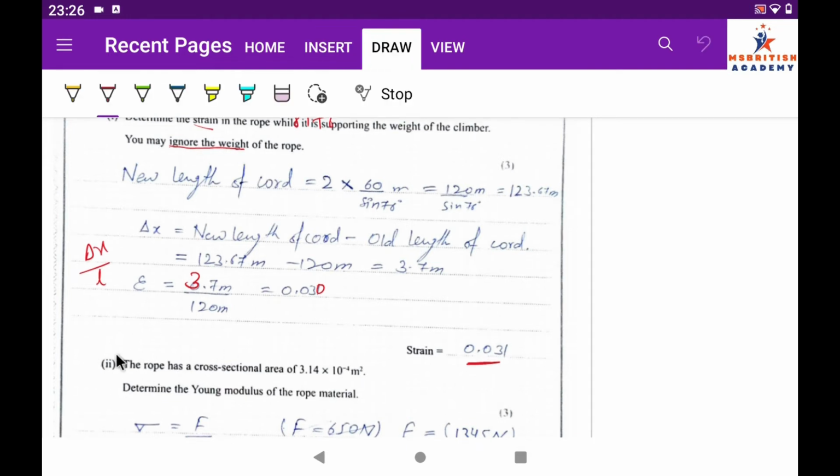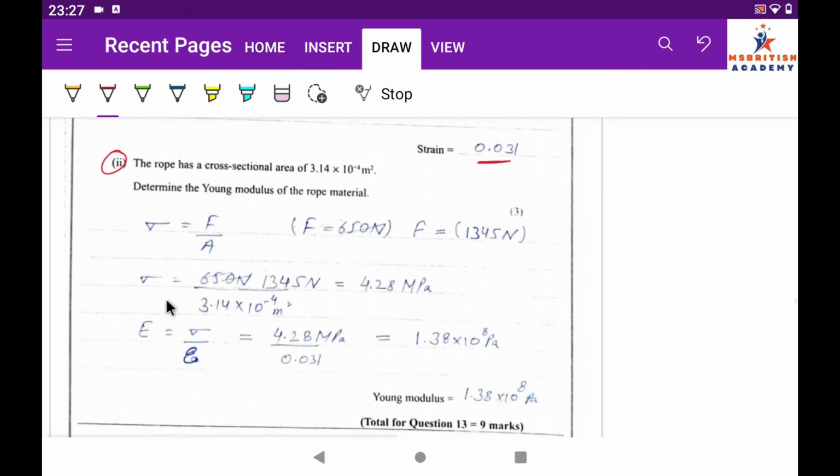So question number 2. The rope has a cross-sectional area of 3.14 into 10 raised to minus 4 meters square. Determine the Young modulus of the rope material.